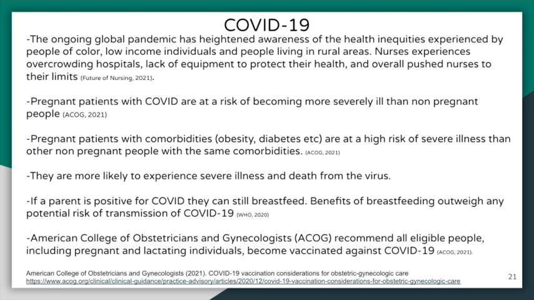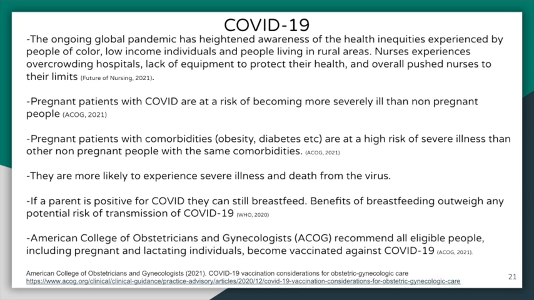So, COVID-19, this is going to be an ever-changing slide, but for now, we all know what COVID-19 is. We're still living in this pandemic, at least currently when I'm recording this lecture in 2021. The ongoing global pandemic has heightened awareness of the health inequities experienced by people of color, low-income individuals, and people living in rural areas.